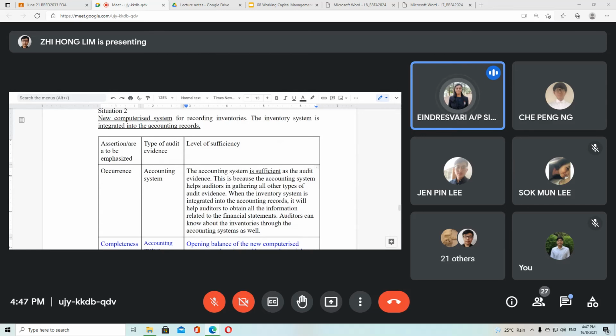How are you going to know whether this new system is working well or not? Here it is not about occurrence. Check whether the amount is transferred correctly or not. So how are you going to do that? Basically you will need to do more tests of controls.